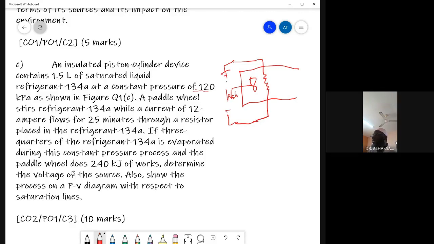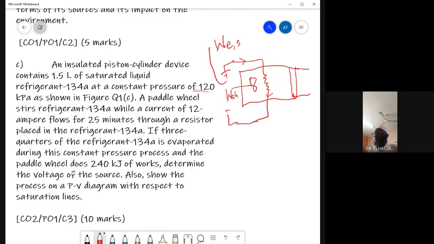So here we're going to have W electrical. The W electrical is the amount of electrical energy that enters the system in this way. So then this is a piston cylinder arrangement.